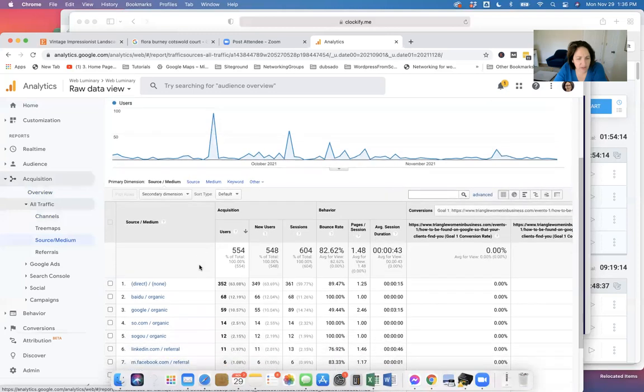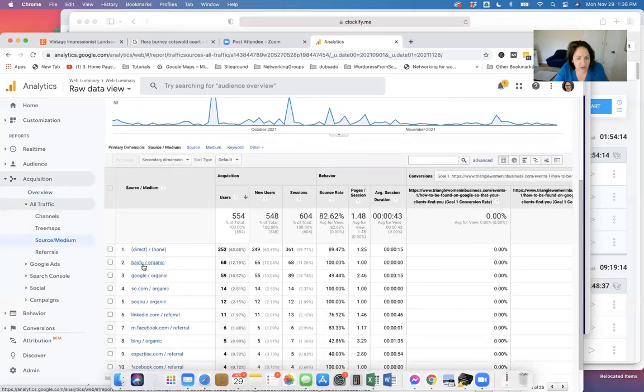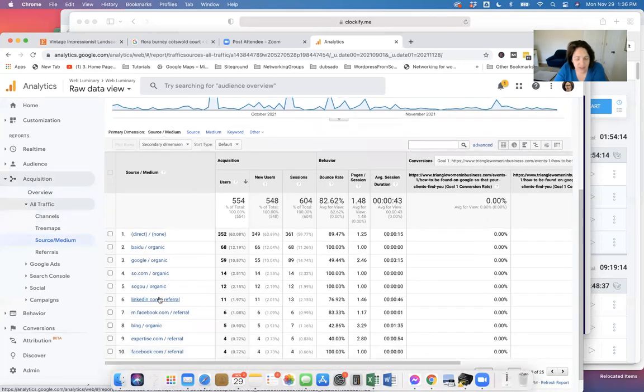That's much better. So I can see that I'm getting quite a few from Baidu, which is a search engine from China. And Google, and then LinkedIn is next. Then Facebook. So this is what I really like to look at because I've spent some time on Instagram, and I basically figured out that no one ever goes on my website based on seeing my Instagram post.